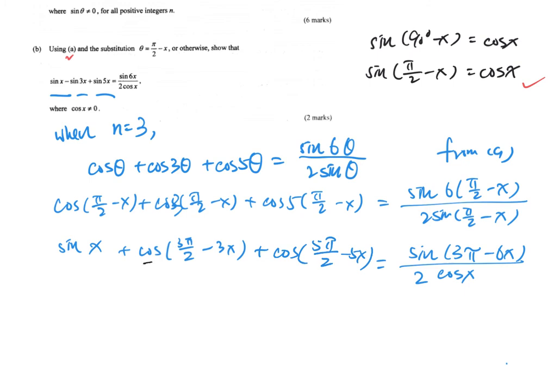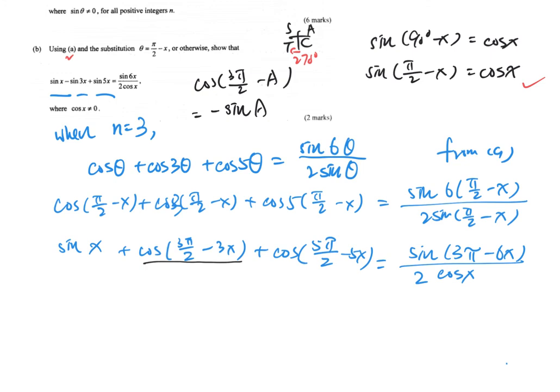For this one, for example, you get something like cosine 3 pi over 2 minus 3x. So we also use the CAST. This time it is quadrant 3 and type 2. Quadrant 3 is negative, and type 2 means cosine changes to sine, because 3 pi over 2 is 270 degrees.